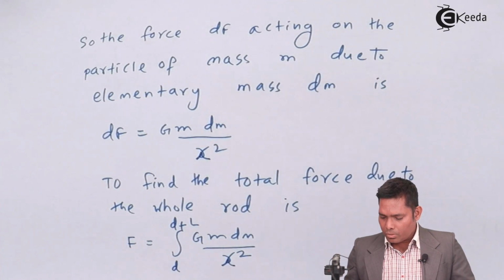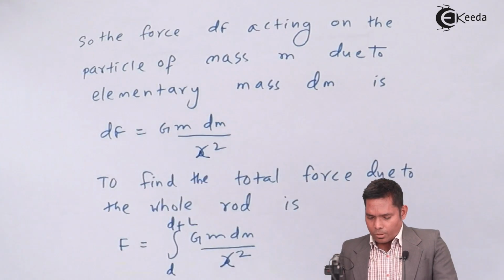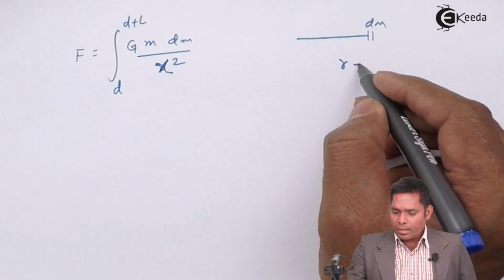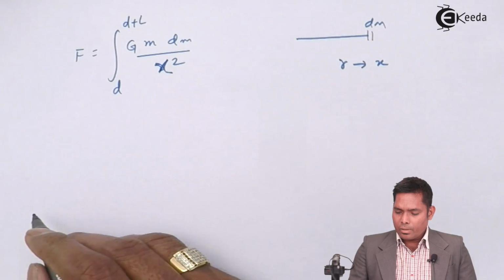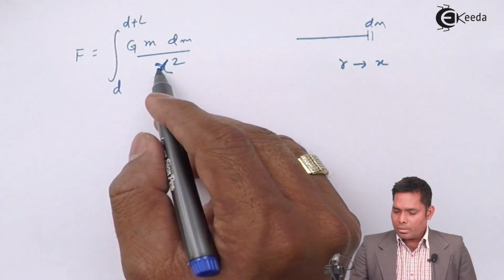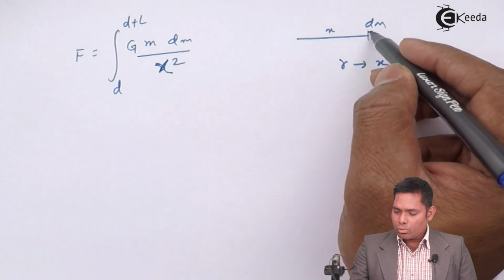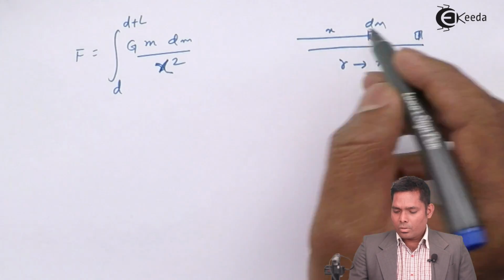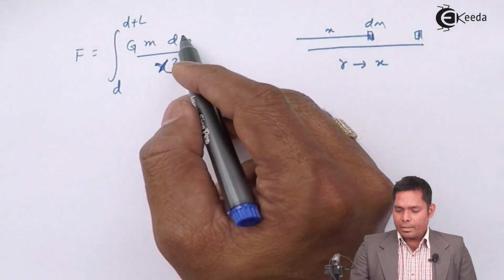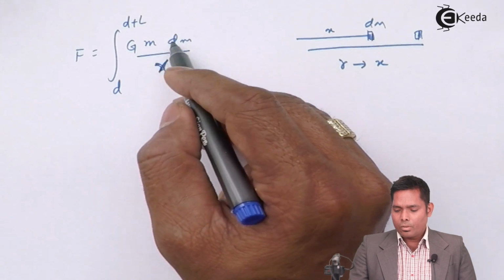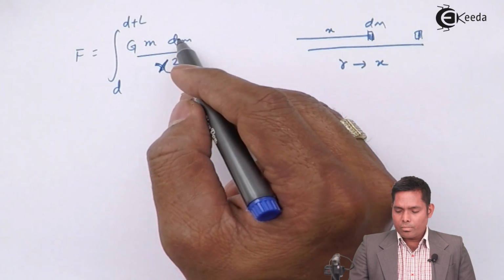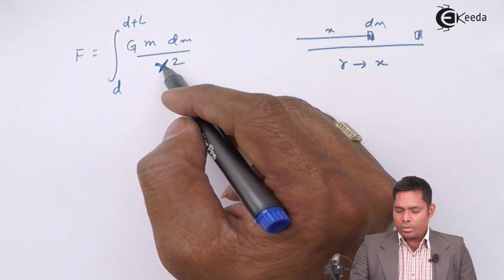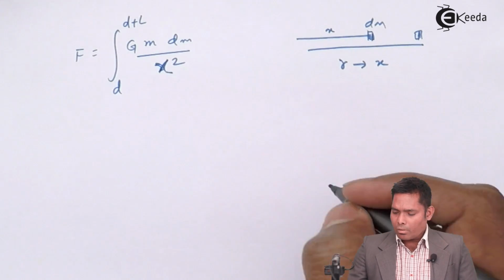This x is also variable, because as I choose the element somewhere here, this x will change. And this dm is also variable, so I'll write this dm in terms of dx.